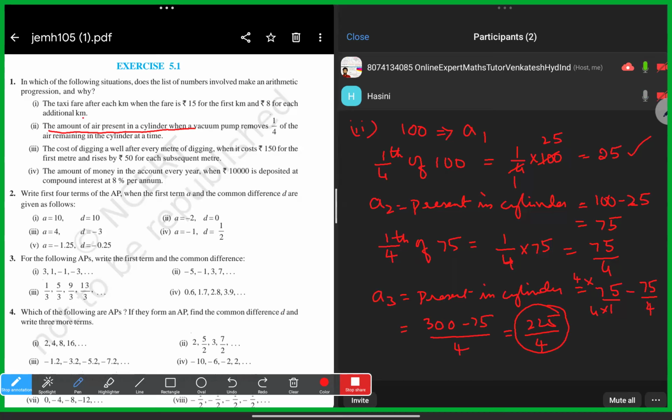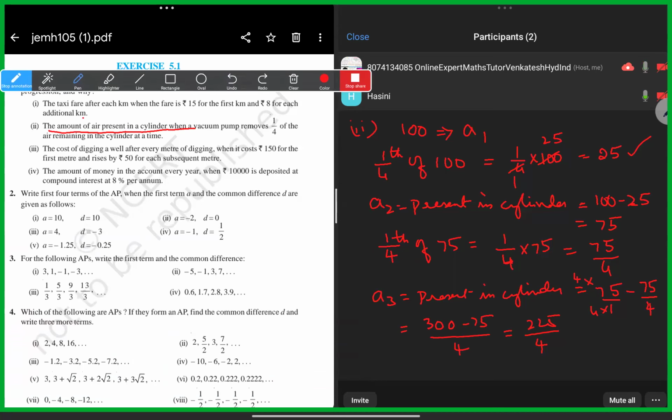Like that it will go on. So I have found the three terms. A1 is 100, originally it has 100. A2 I found after removing 1/4, 75 is left. Then A3 I found by removing 1/4 of 75, 225 by 4 is left.